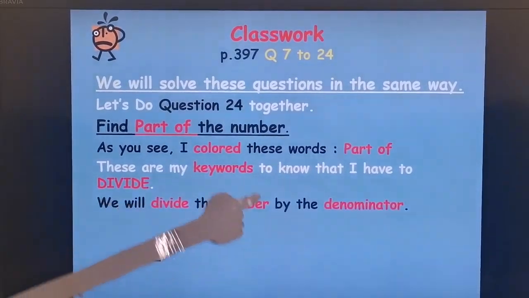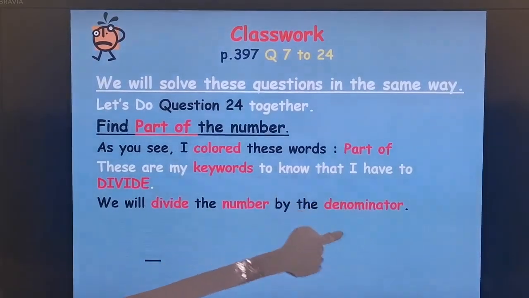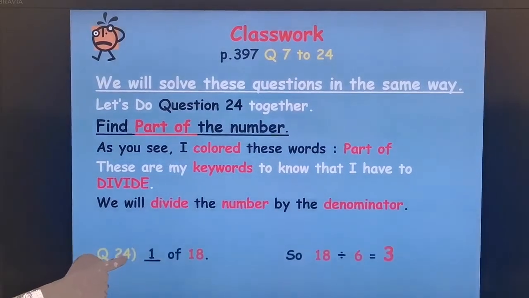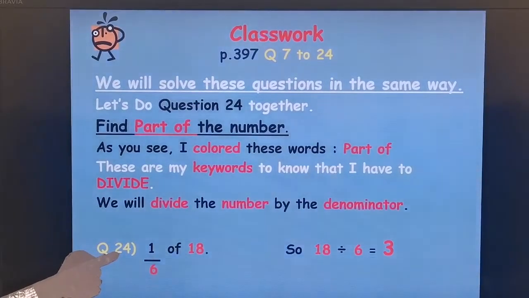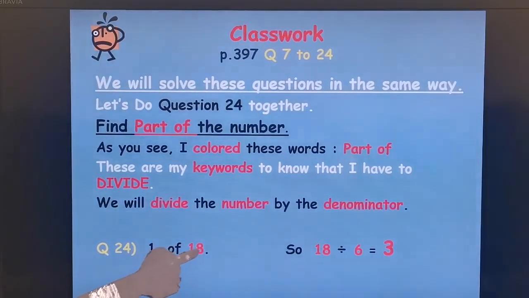We will divide the number by the denominator. Why do we call it denominator? Because it's going to be down. Okay. This is question 24. 1/6 of 18. See, this is my denominator. This is my divisor. This is my division sign. This is my dividend.